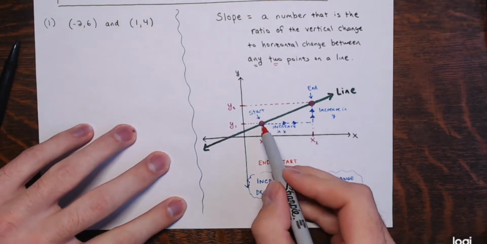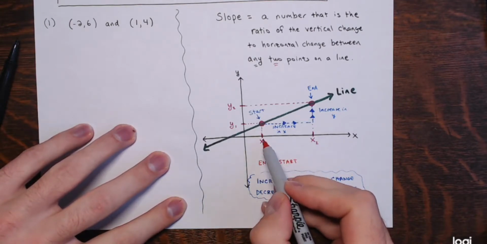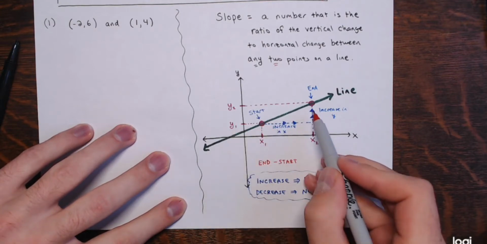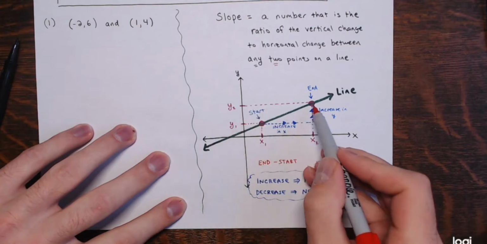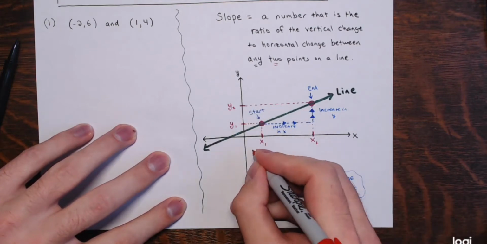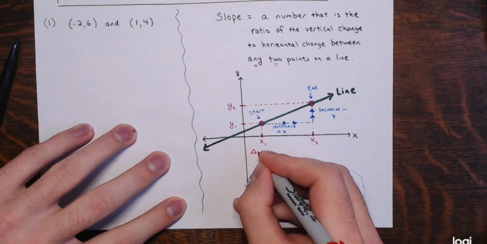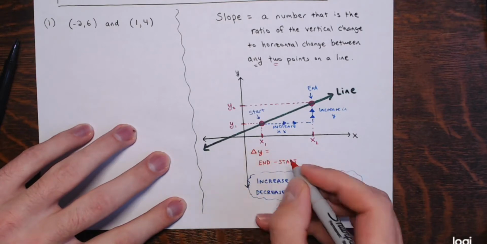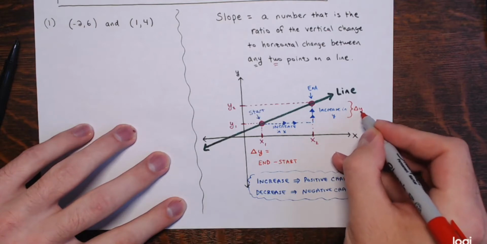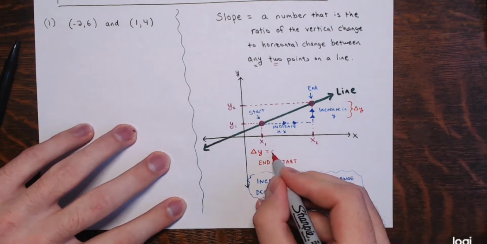So if I started at this point with coordinates x1, y1, and ended at this point with coordinates x2, y2, the change in y, which you may have seen before, delta y, means change in y.